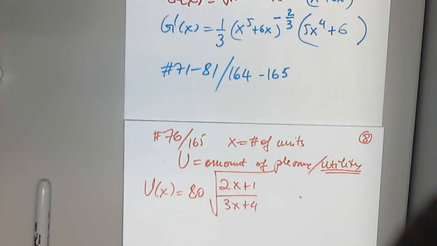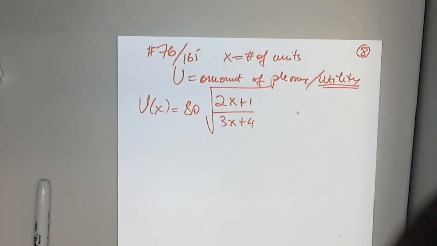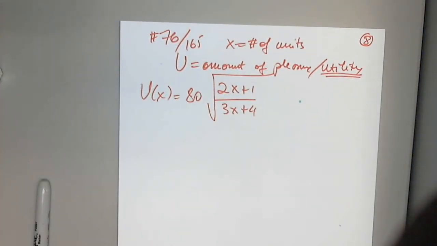Perfect. Find the rate at which utility changes with respect to the number of tickets bought. Find the rate of change of this function with respect to x.